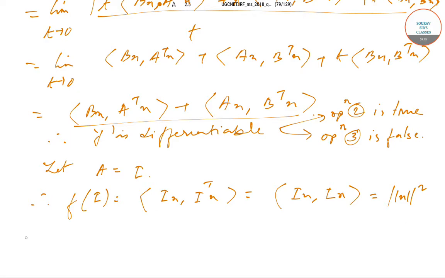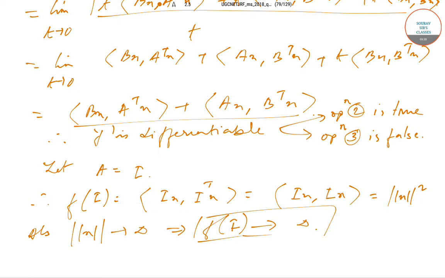Now as mod of x tends to infinity, f of I will also tend to infinity. If f of I tends to infinity, then f is unbounded.